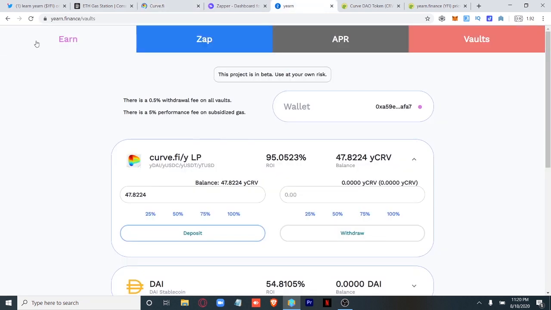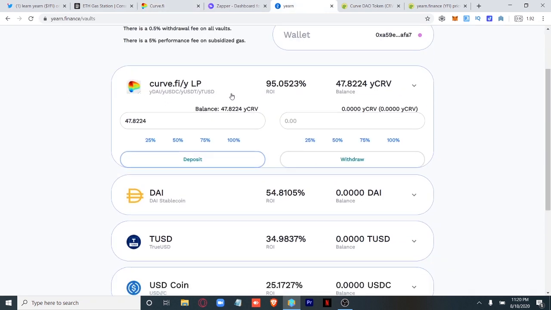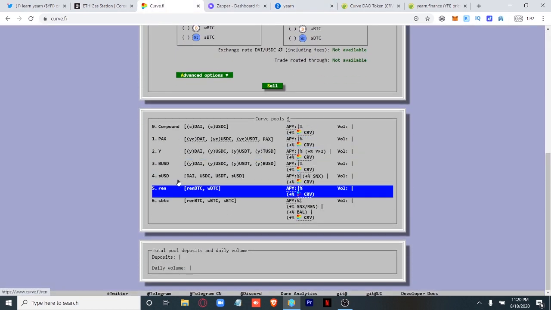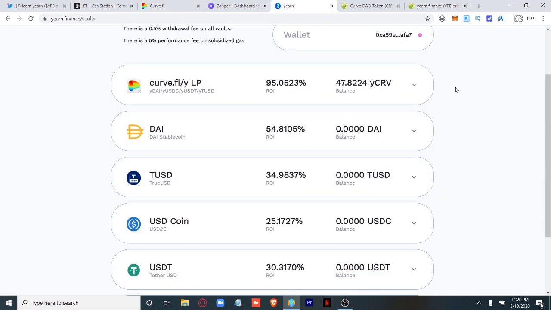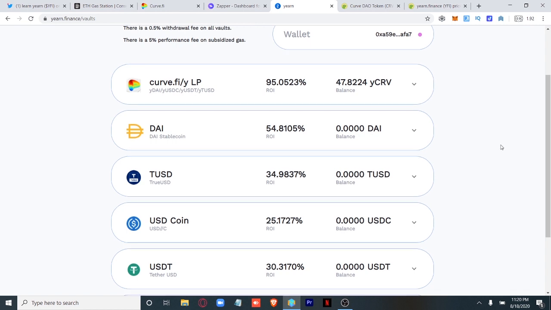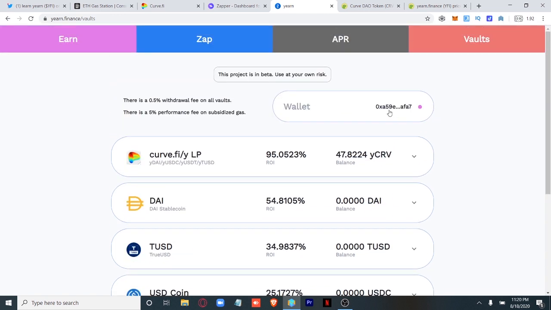From Yearn also, you can only deposit here the Y curve pool tokens, because in the background Yearn.finance actually handles that pool, or actually uses that pool to generate yield for everyone else.